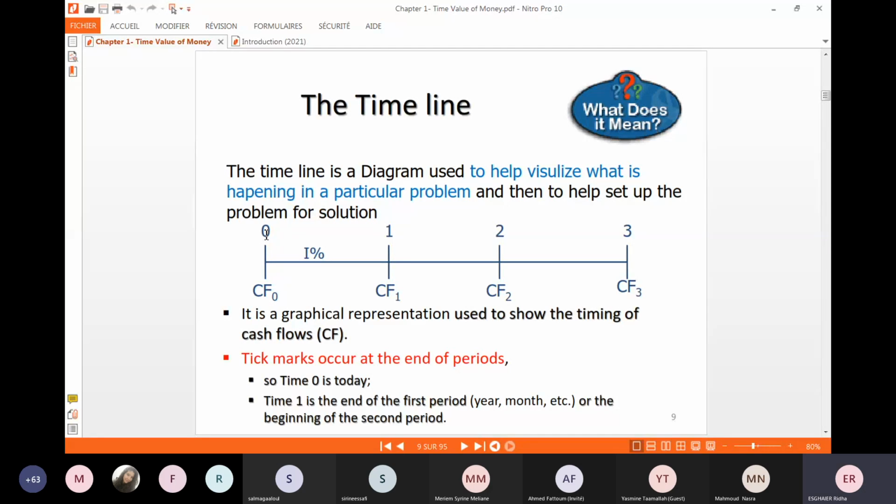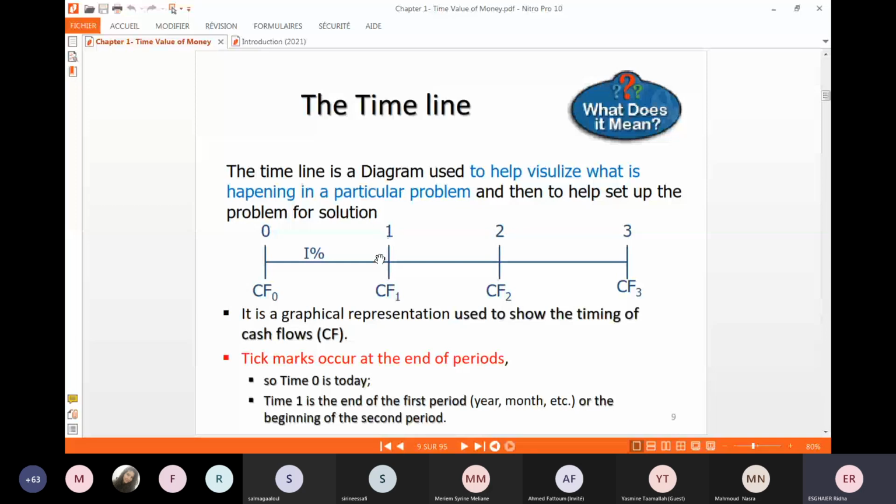The 1 represents the end of the first period. So each number here represents the end of the year. So 1 represents the end of year 1 or period 1, which is also the beginning of period 2. 2 is the end of period 2, which is also the beginning of period 3.